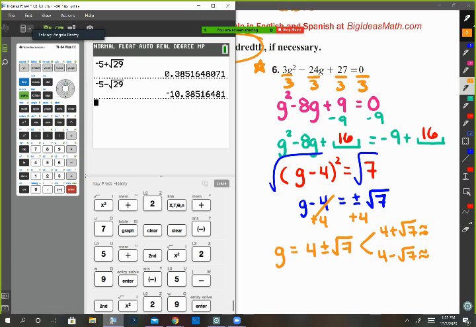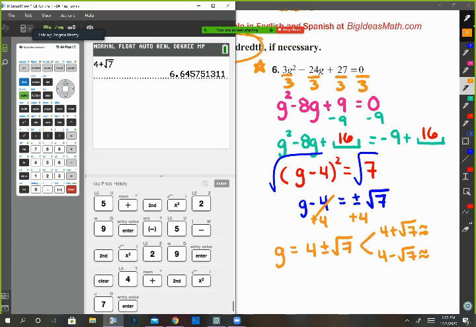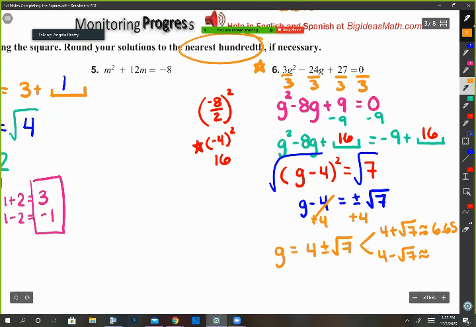So in my calculator, I'm going to go 4 plus root 7 and get my answer. So notice in this case, if I'm going to hundredths, that 5 is going to round the 4 up to a 5. So this is going to be 6.65.